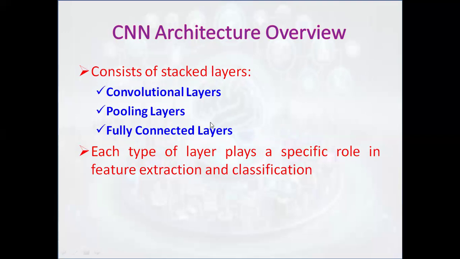The pooling layer reduces the size of the data by summarizing information, which helps reduce computational load and avoid overfitting. The calculations we will see in the next lecture. And the fully connected layer takes the higher level features extracted by previous layers and uses them to make final decisions about the input, such as classification.